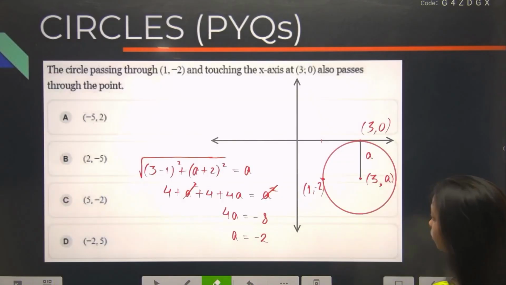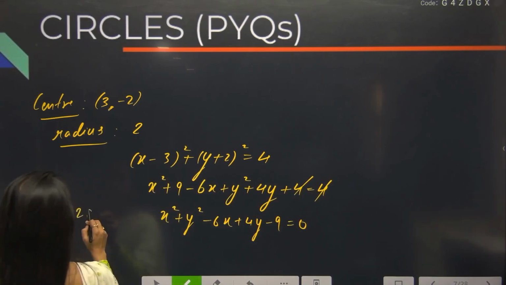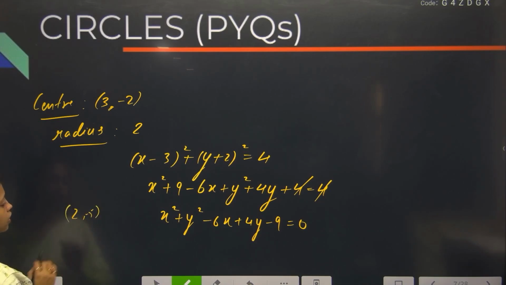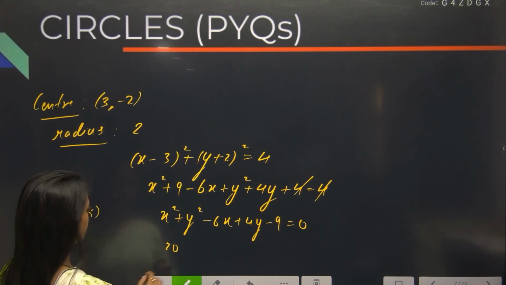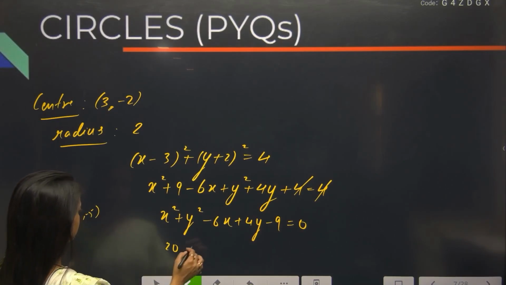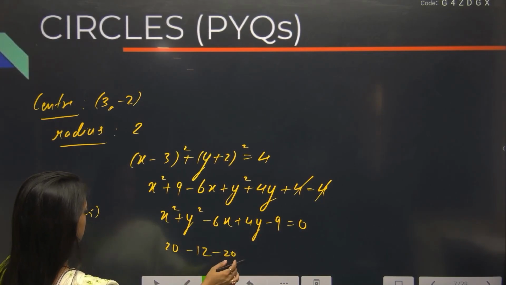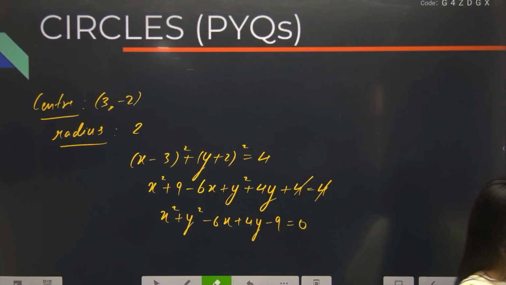So let's try with 2 comma minus 5. That is again 29 minus 9, that becomes 20, minus 12 and minus 20, right? So that becomes this.